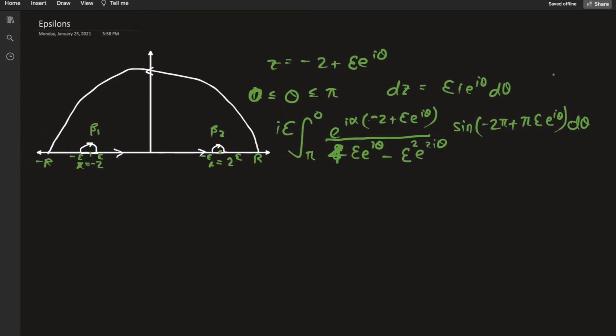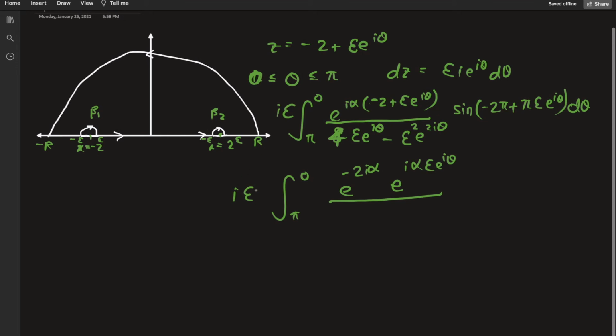That's for at least beta 1. And when I simplify, the sine of -2 pi plus pi epsilon e to the I theta is just going to be... well, I can separate this out first. -2I alpha e to the I alpha epsilon e to the I theta over, well, I can divide by epsilon actually in the denominator.